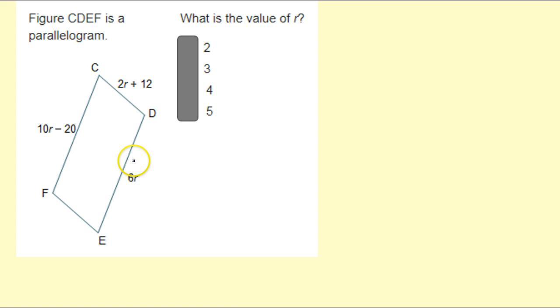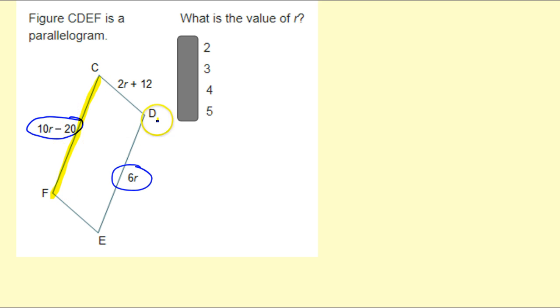Look at this picture. This time they're just asking us for the actual value of the variable. Which of these should be equal to each other? I'm hoping you can see that this one should be equal to this one, because these are opposite sides of a parallelogram.